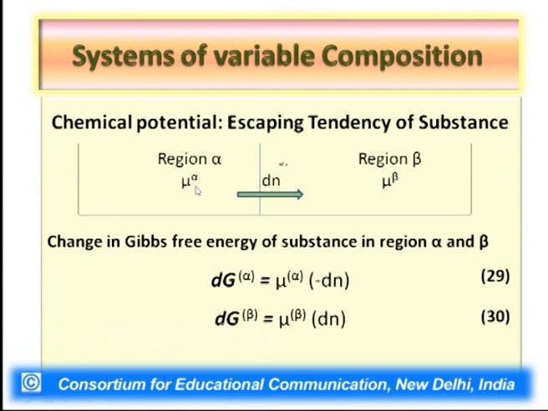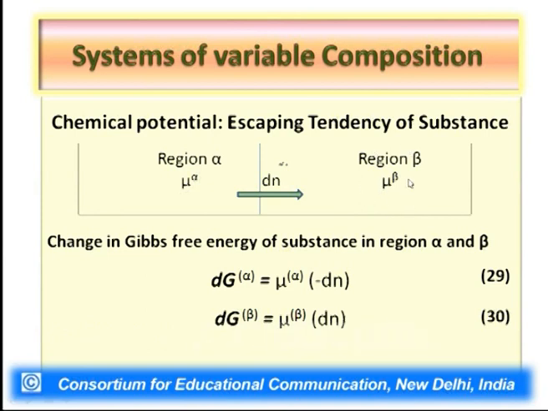Now suppose the chemical potential, by virtue of the temperature, the pressure or the composition, is different in the two regions. That is, the chemical potential in region alpha is mu alpha, and the chemical potential in region beta is mu beta.